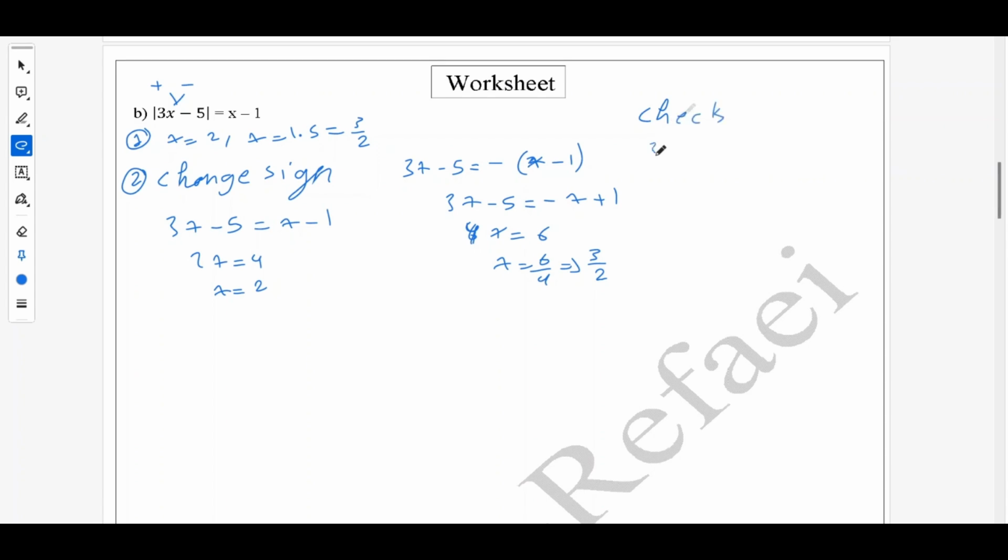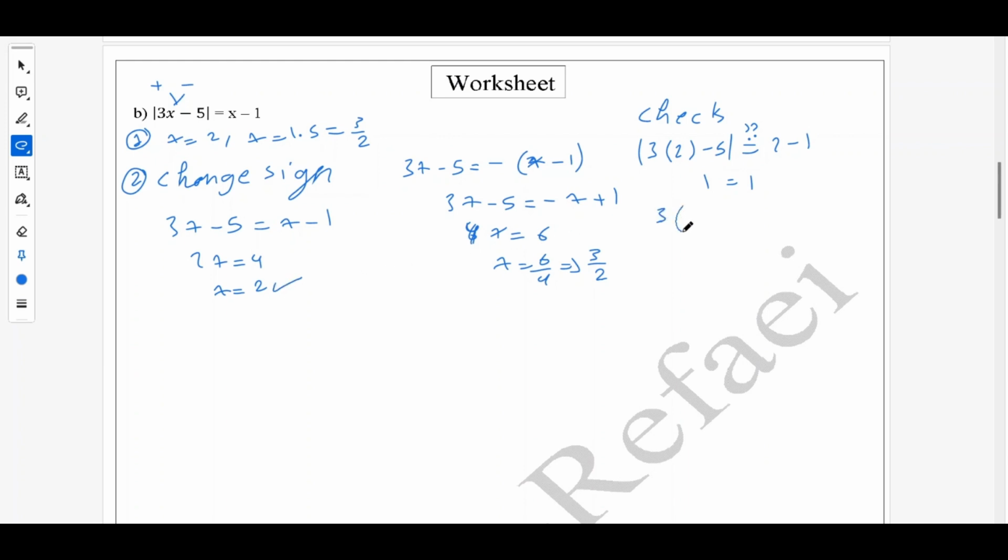Always check. Modulus of 3 by 2 minus 5, does it give me the same as 3 by 2 minus 1? 3 by 2 is 3 over 2, 6 minus 5 is 1, equals 1. So this is a correct solution.